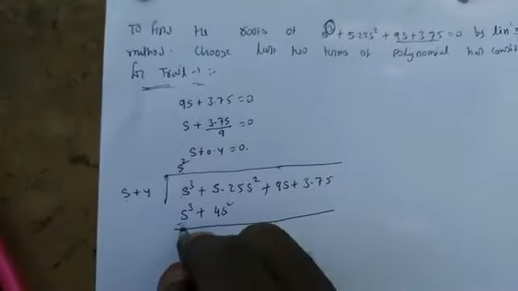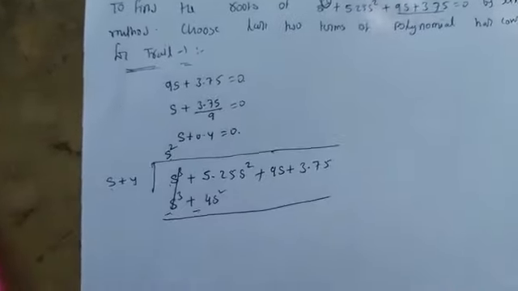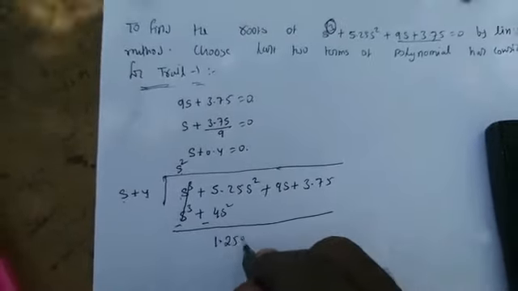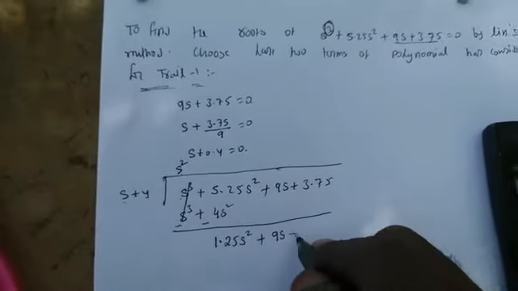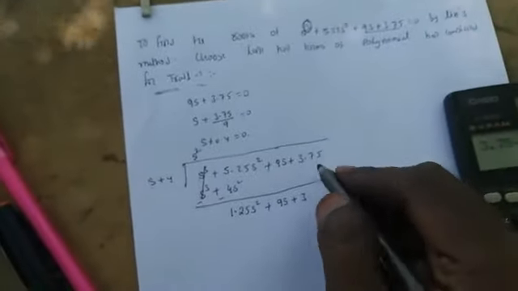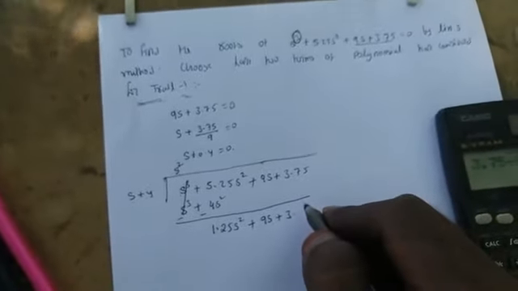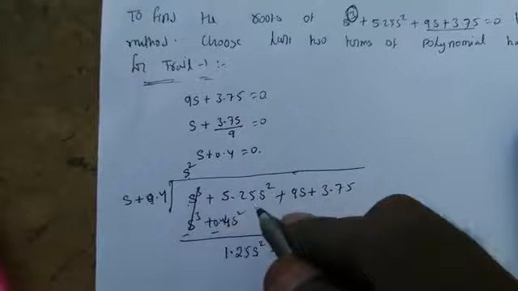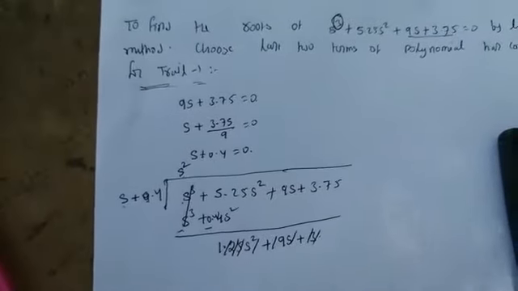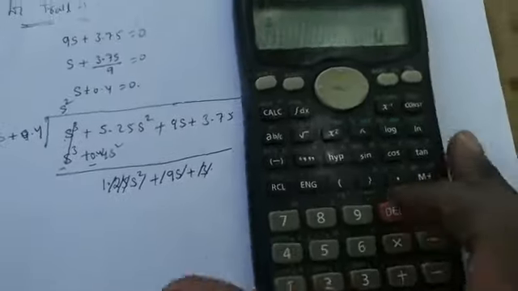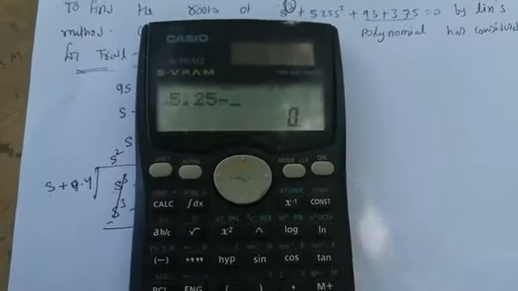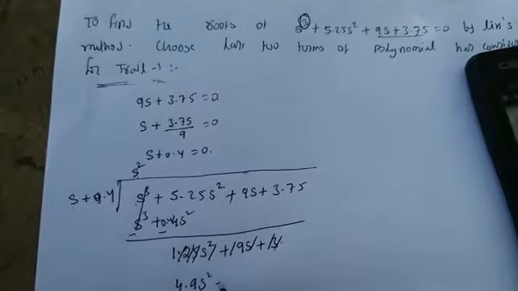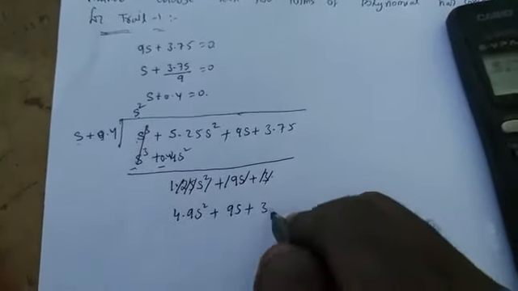If you subtract, both will get cancelled, and 5.25 minus 0.4 is 4.85, so 4.85 s square plus 9s plus 3.75.